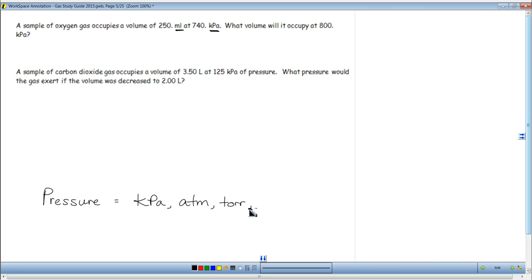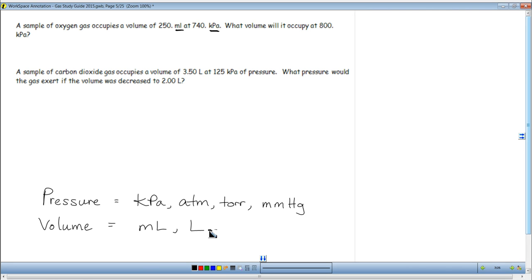And you might also see millimeters of mercury, mmHg, which is how we would read a barometer. It's like a big column of mercury. Any of those units would represent a pressure variable. For volume, you'll probably see either milliliters or liters. We're going metric.